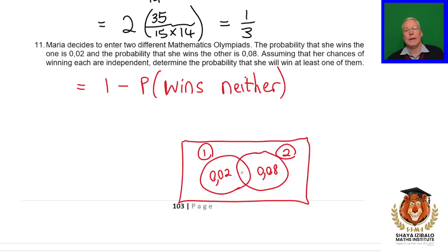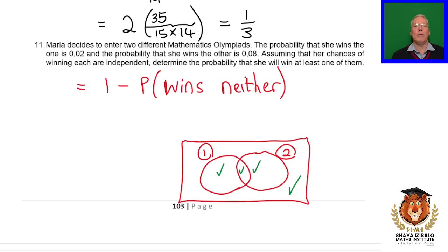Sorry, these numbers are not right, I got this wrong. I would have to first work out that middle piece. But in fact, what we're interested in is 1 minus this probability over here. So we're interested in that, or that, or that.